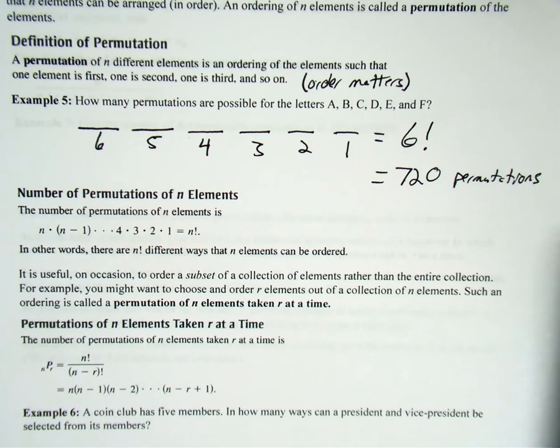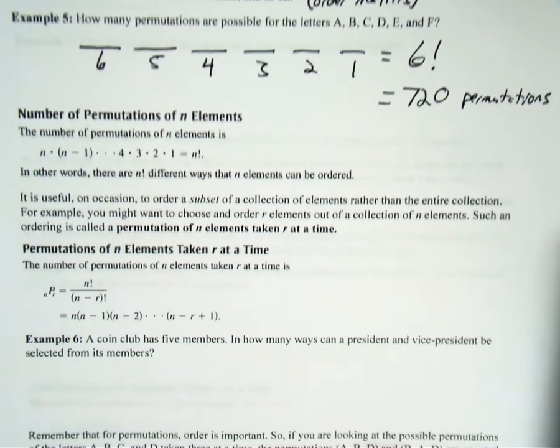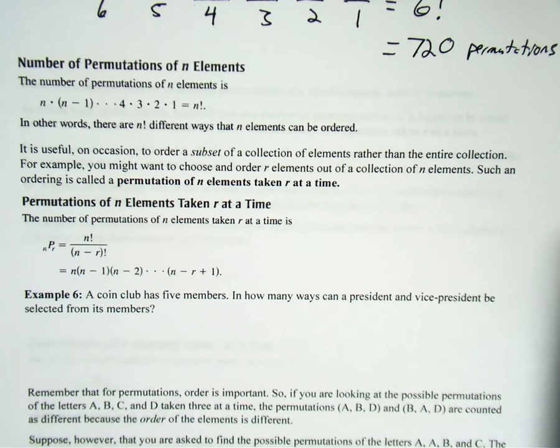The number of permutations of n elements is n factorial, as we just discovered. In other words, there are n factorial different ways that n elements can be ordered. It is useful on occasion to order a subset of a collection of elements rather than the entire collection. For example, you might want to choose and order r elements out of a collection of n.